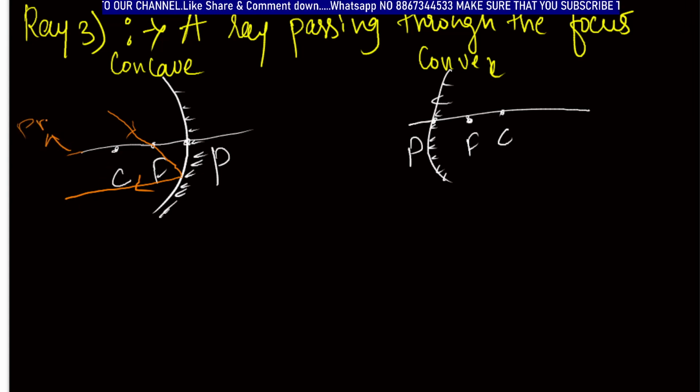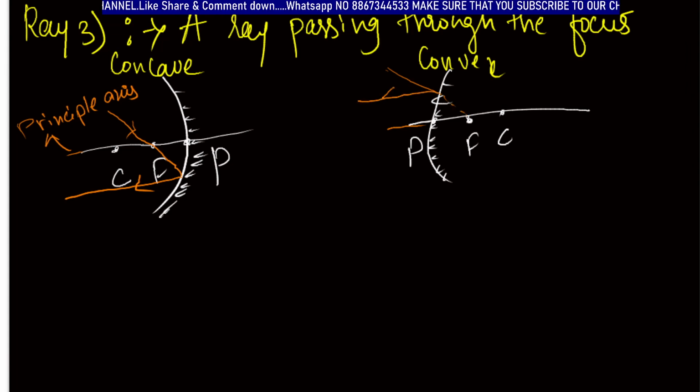This is the principal axis. In case of convex mirror, whenever a ray appears to be pointing towards the focus, it reflects back parallel to the principal axis.